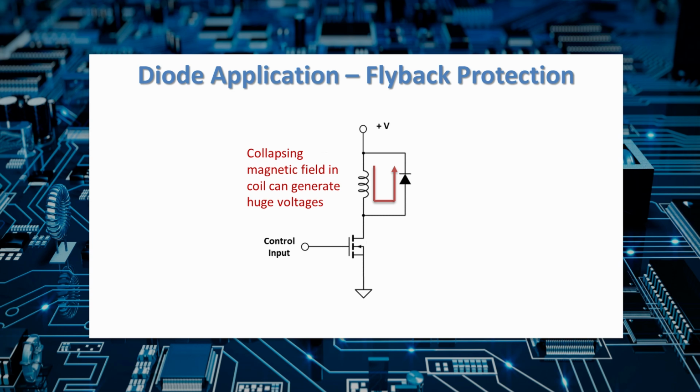So if there's no path for the current to flow, that voltage will continue to build, and eventually it'll punch holes in the junction of that transistor and ruin the transistor. In fact, that's called the flyback effect.